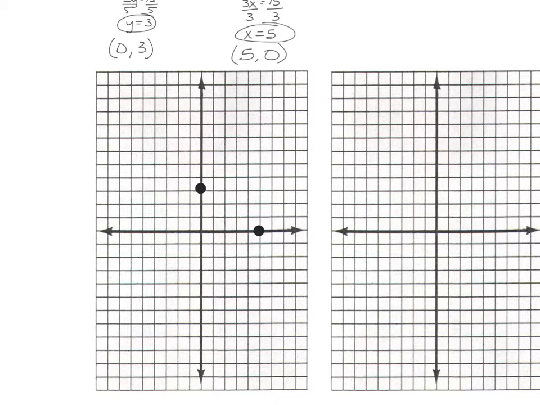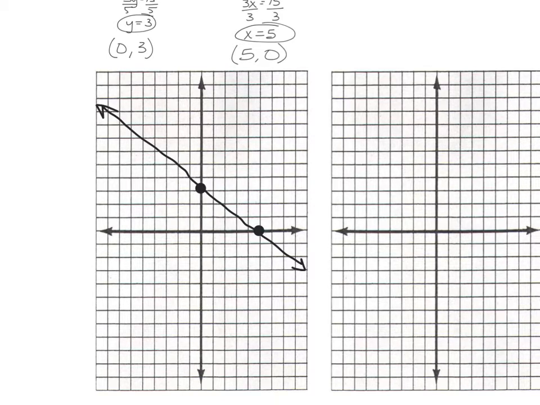And then all I need to do now is draw my line. I'm going to draw my line connecting these two dots, just like so. And you just graphed a line in standard form.